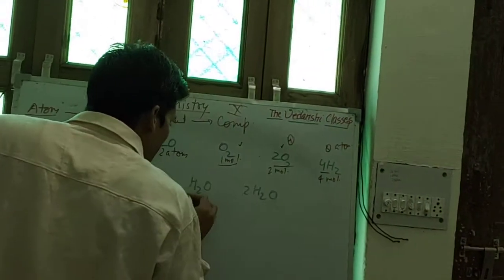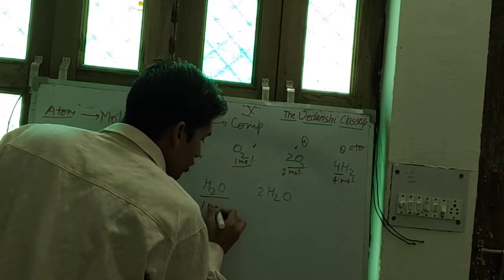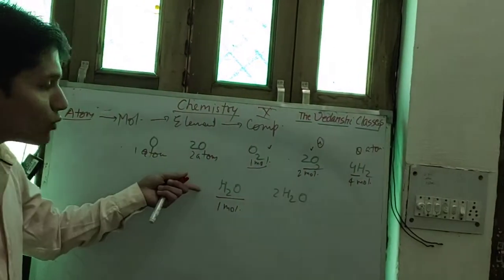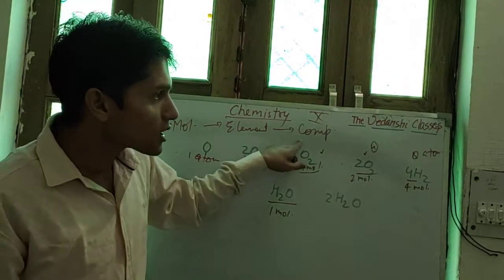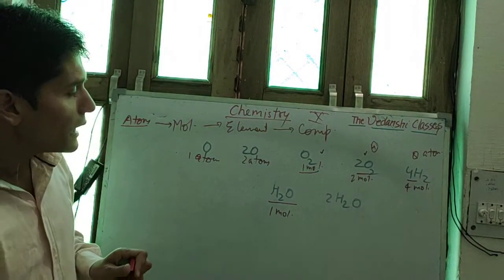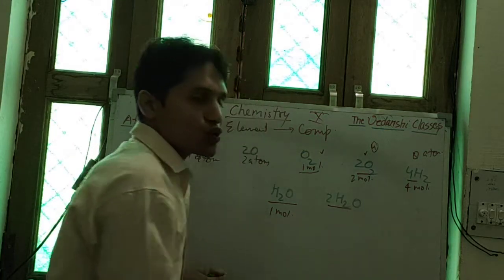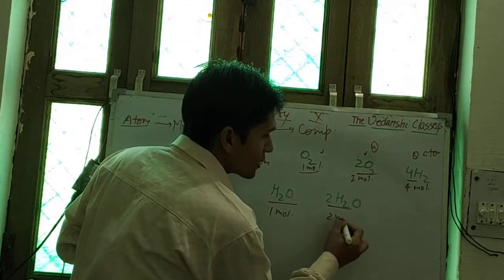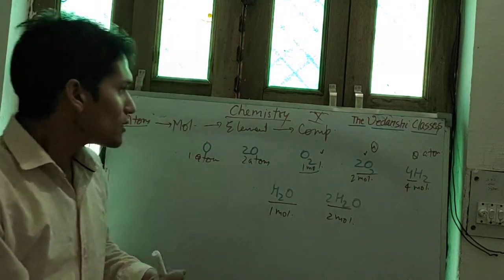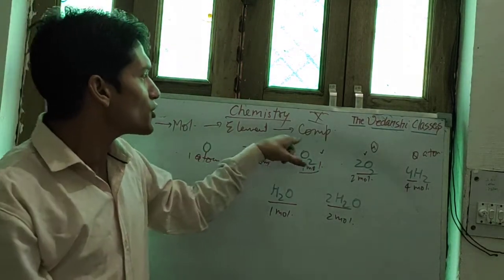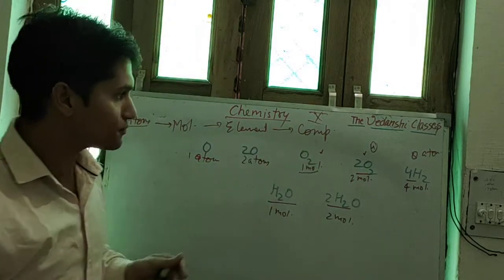If you write H2O, it is 1 molecule of water. It's the compound. So I told you the molecule may be of the element or compound. If you write 2H2O, it represents 2 molecules of water. That is the compound. So we can say that the molecule may be of the element or compound.